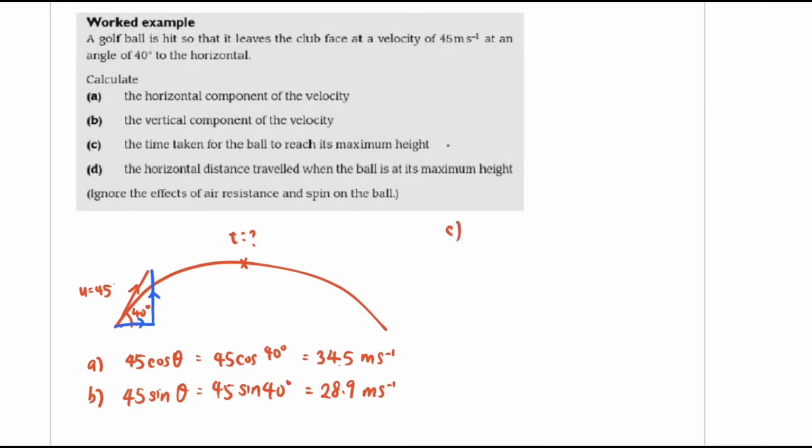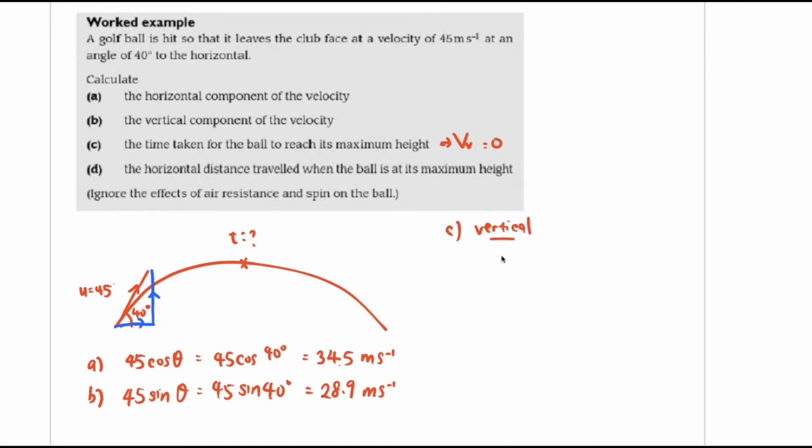For maximum height, the vertical final velocity is 0. Vertical, I wrote h, that should be v. The vertical final velocity is 0. So we consider the vertical component.